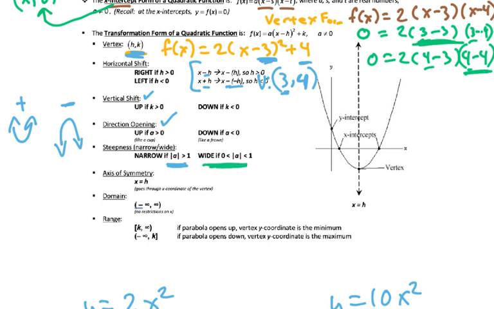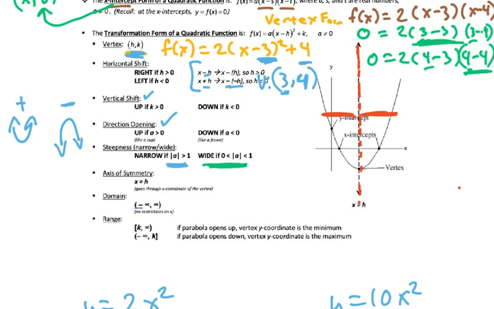Okay, next up we have the axis of symmetry. All the axis of symmetry is, is the line that divides the parabola in half. What's nice about a parabola is that it is symmetrical. So whatever you go to the left, you go to the right in equal amount. So it is symmetrical about, I was about to say y equals x, but I really should have said the axis of symmetry, which is x equals h.